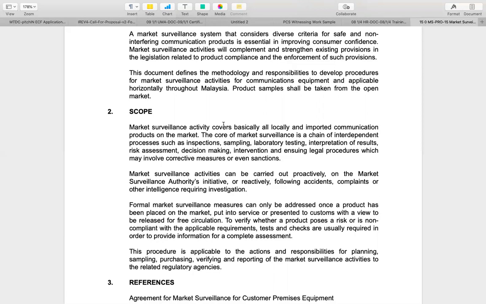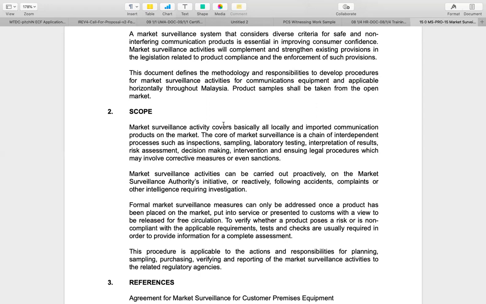And then when we get the results, we have to interpret the results, okay? And if there is any risk assessment, then we have to decide and make recommendations to our regulators.